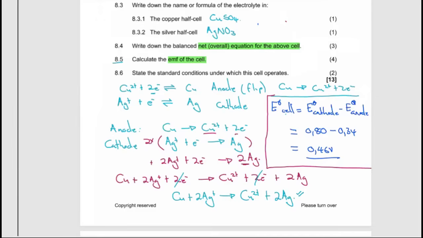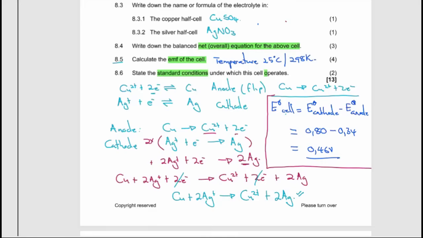Then 8.6 says the standard conditions under which this cell operates, right? So we need the standard conditions. The standard conditions here are temperature, and I need to be specific: 25 degrees Celsius, or if you want Kelvin temperature, it is equivalent to 298 kelvins, right?